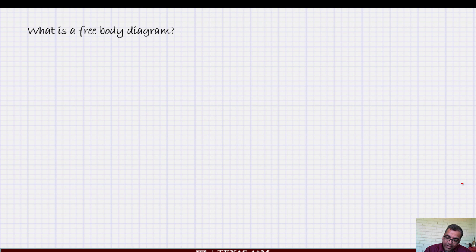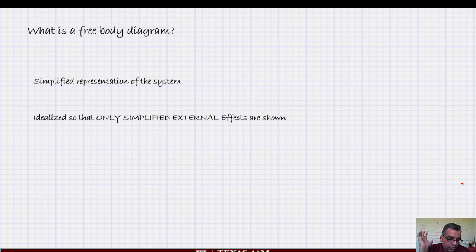So what's a free body diagram? First and foremost, it's a simplified representation of the system. It's a system that has been separated and idealized so that only external effects are shown. This simplification is very important. In engineering, it's also a crucial means of communication.